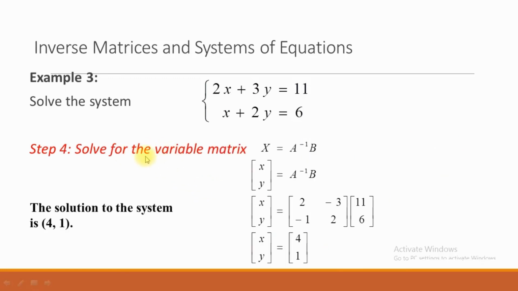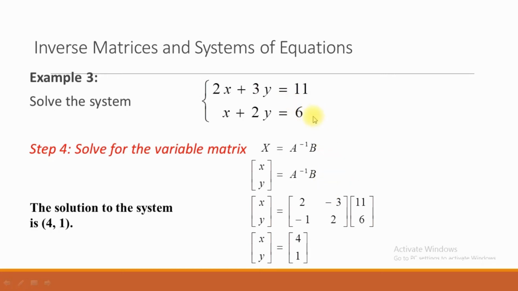Now in the next step, to find the solution of the system we use this formula, X is equal to A inverse B. This is the variable matrix. In the variable matrix we have two variables x and y, and the inverse matrix of A is multiplied by B. So this is the inverse of the coefficient matrix, and this is matrix B. Matrix B is the constant matrix, the constants that lie on the right hand side of the equations.